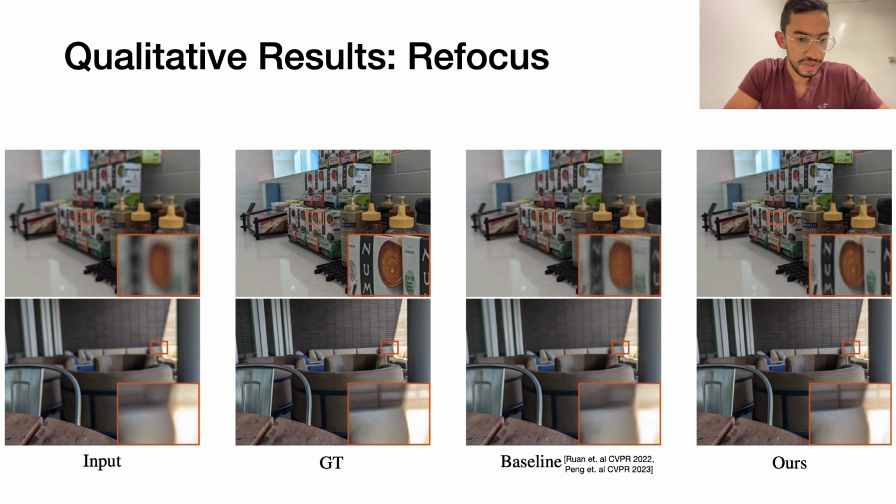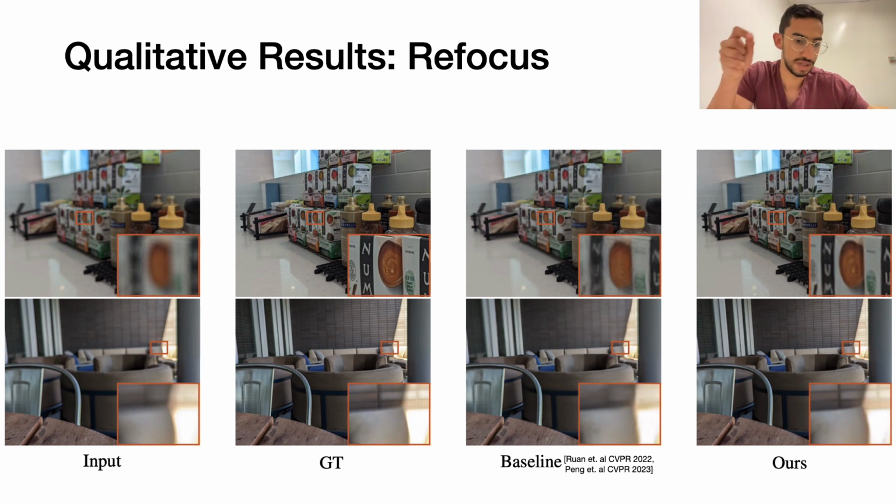You give an input and a target focus distance, and as you can see in the bottom example, the wall in the background is not completely sharp yet, since the target focus plane is somewhere between the foreground and the background. Our method can match the desired focus without making the image completely out of focus, so we have fine-level control on the amount of defocus.